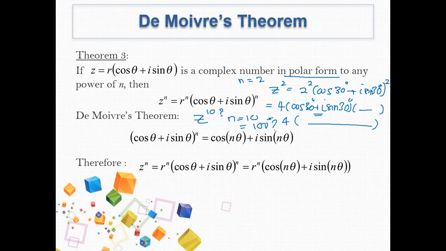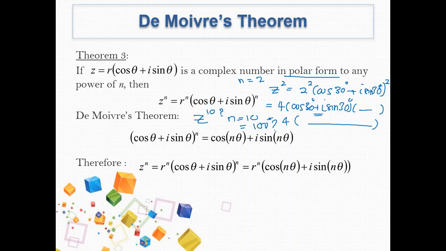If you have to the power of 10, you need to do (cos 30 plus j sin 30) squared, to the power of 5, so you get n equal to 10. Are you willing to do that? You can, but it consumes a lot of time and effort. It becomes very complex.